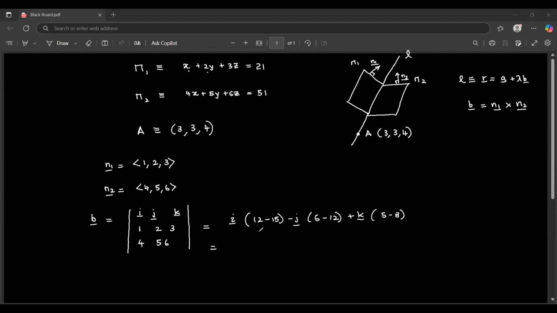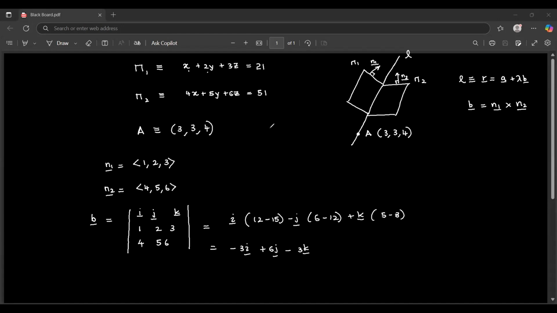So what's the value? That is equal to minus 3i plus 6j minus 3k. So the direction vector b can be given as (-3, 6, -3).